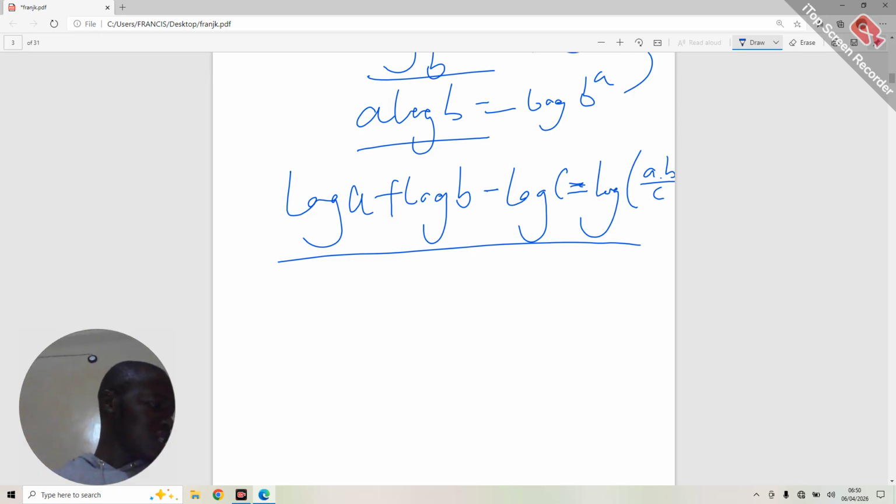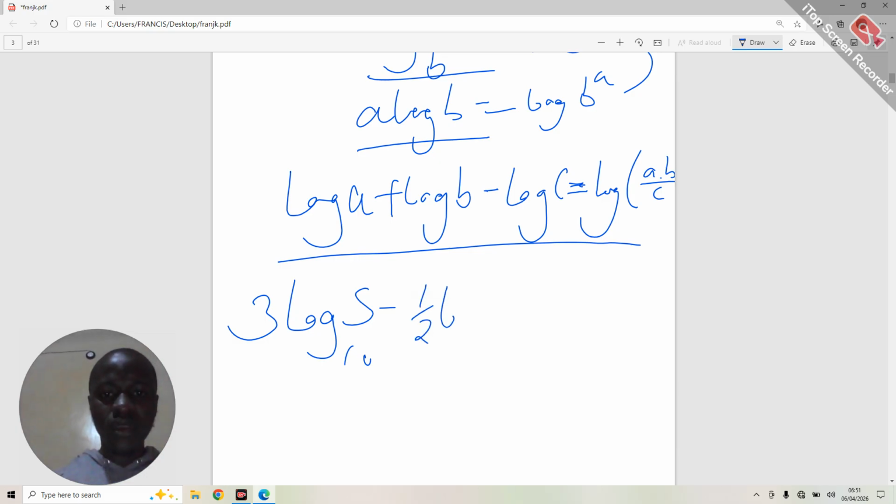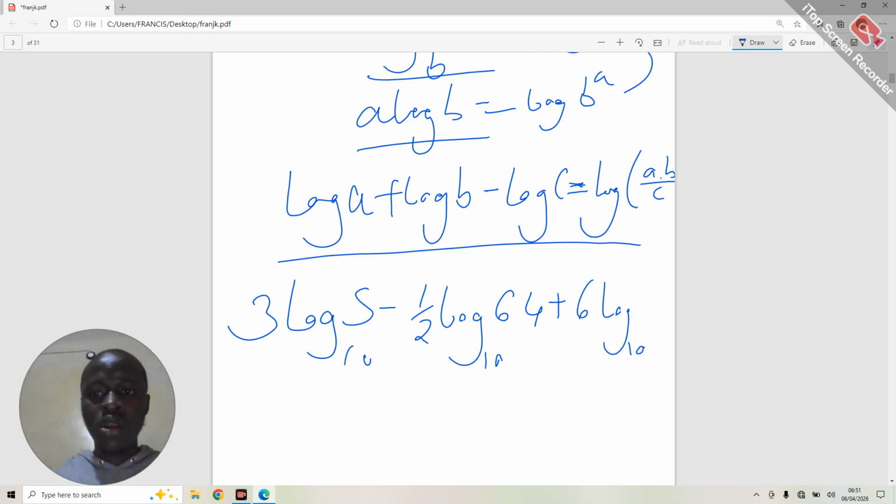Without using a mathematical table, evaluate the expression below. Then the examiner gives you 3 log of base 10, 5 minus a half log of base 10, 64 plus 6 log of base 10, 2. An examiner gives you that.